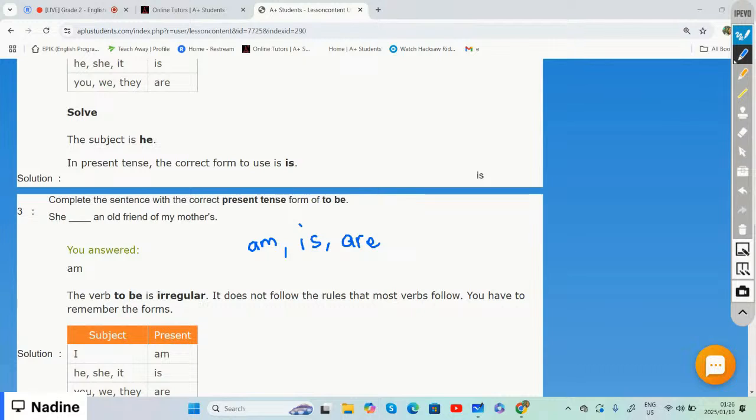So she am an old friend of my mother's, she is an old friend of my mother's, or she are an old friend of my mother's. Which one is correct?